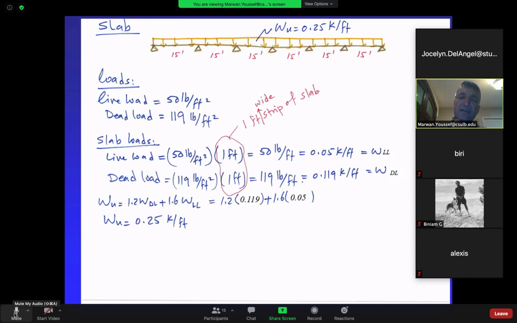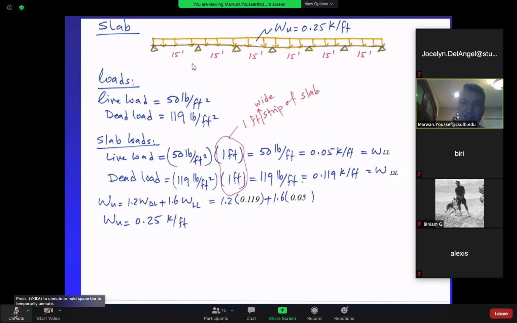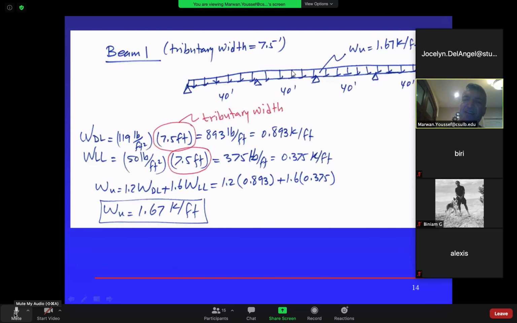Later on, you mean? When we start calculating the full load on the beam. Okay, let me see. So this WU is what the slab is... actually no. This WU in the slab is already in the beam.